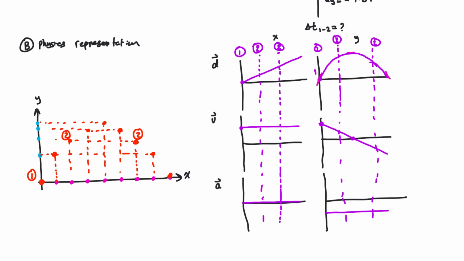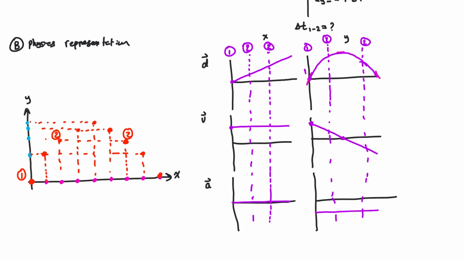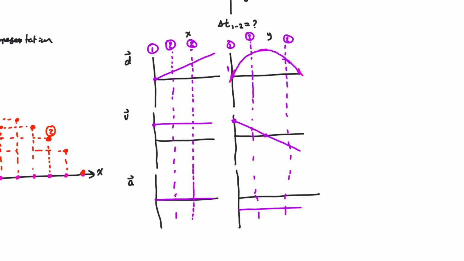Now that I have this, my final thing that sometimes I get students to do is the velocity vector diagram. So I'm going to shift this a little bit to this direction. I know that velocity 1 is going like this, so I'll write that down, velocity 1. And velocity 2 is either going like this, meaning that the change in velocity is going to look like this, straight down.